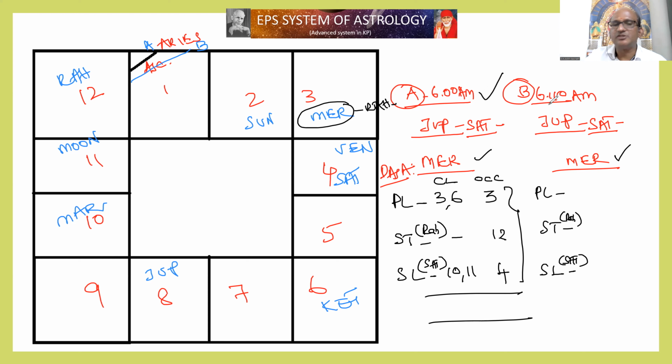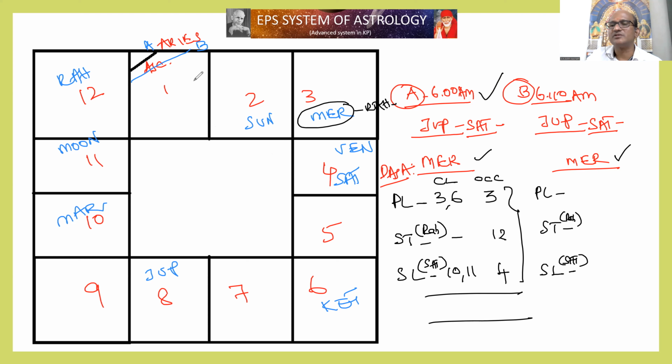Within the 10 minutes duration, only the cusp degrees will change. The Lagna degree and all the other cusps will also change to some extent, right? For 10 minutes, for example, it is 2 degrees plus some minutes.